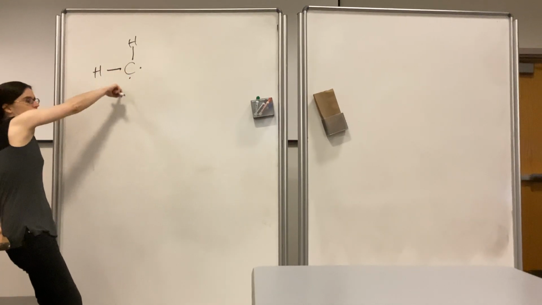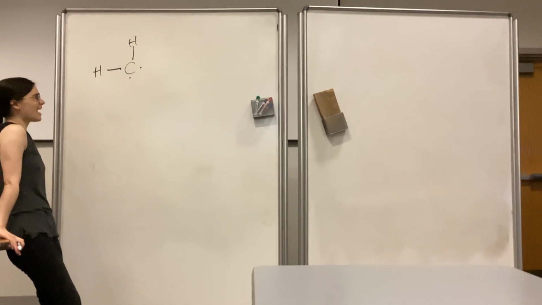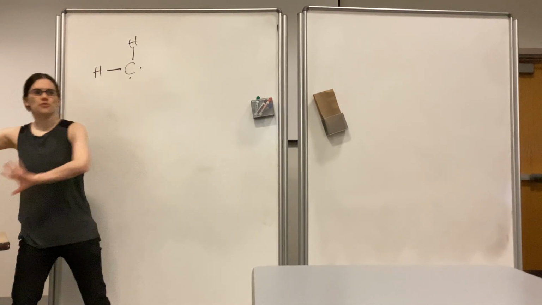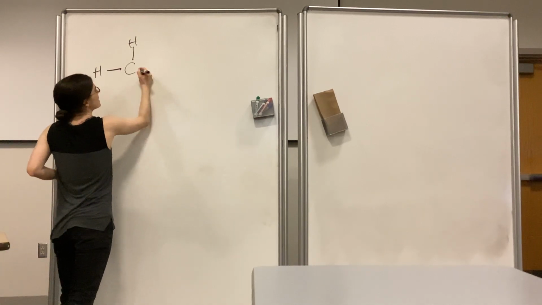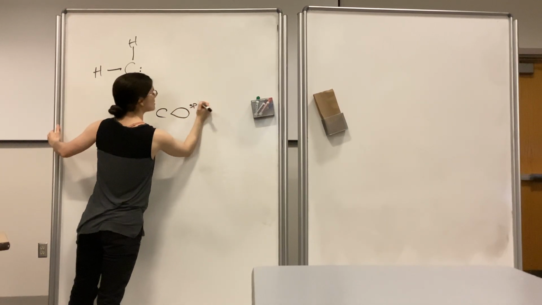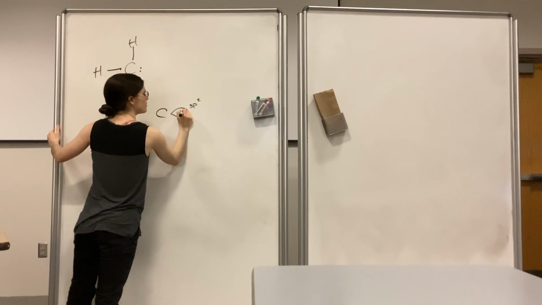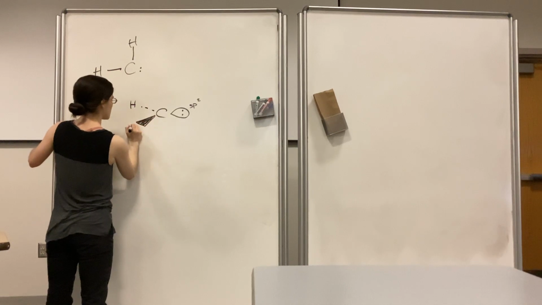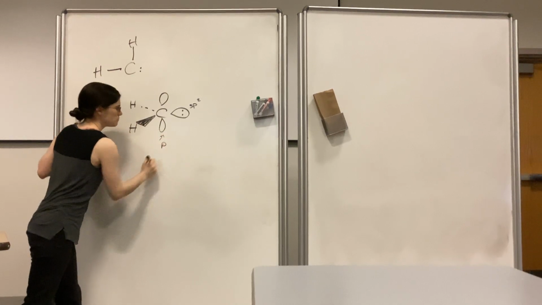So these are unpaired electrons. They're not actually going to be just 1 electron by itself in this orbital and 1 electron by itself in this orbital, which is what unpaired sounds like it's going to be. But really, they're going to hang out together in an sp2 orbital, with an empty p orbital, right?